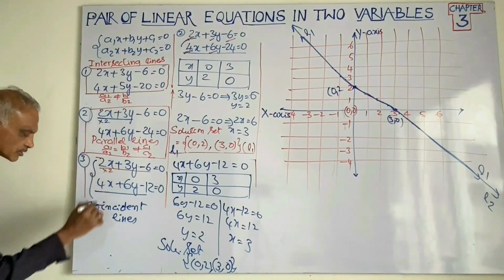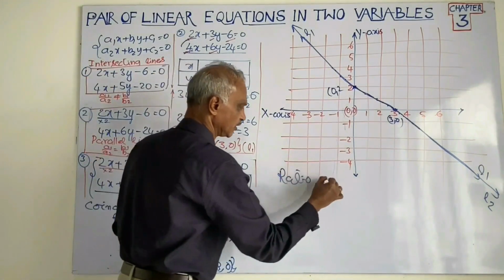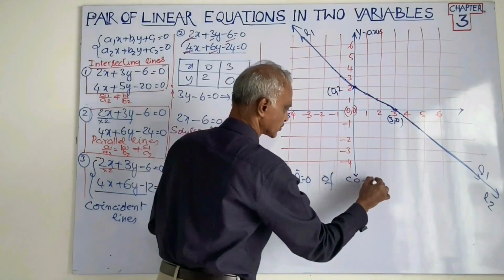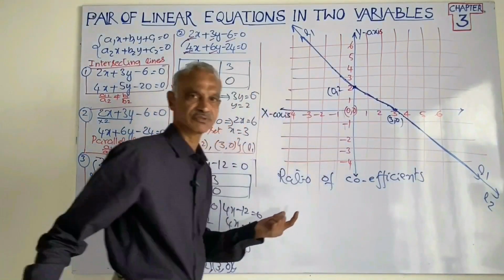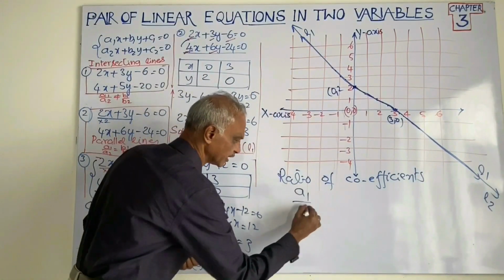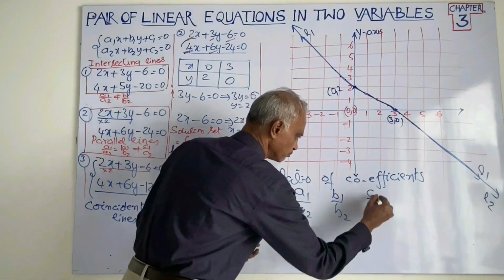And now we will find the ratio of coefficients. What is the ratio of the coefficients? a1 by a2, b1 by b2, and c1 by c2.